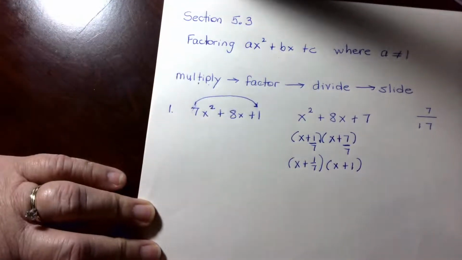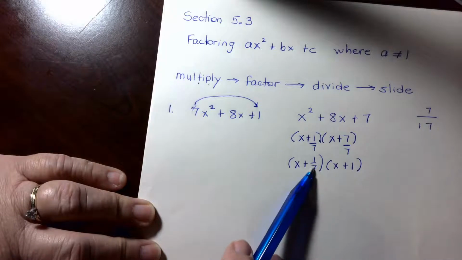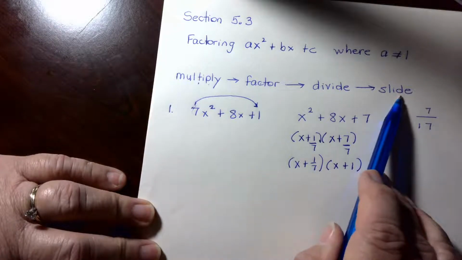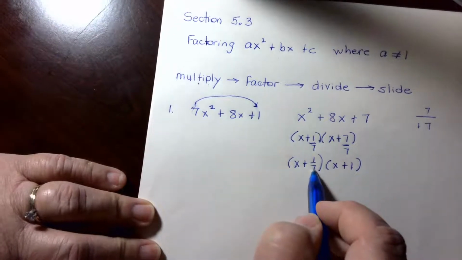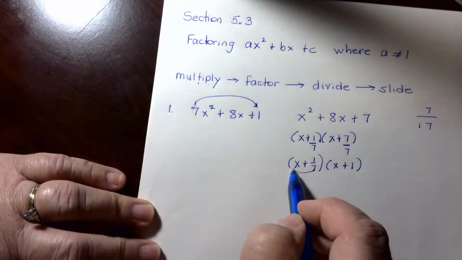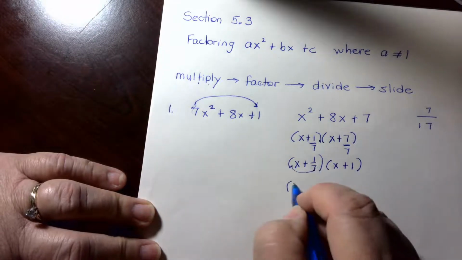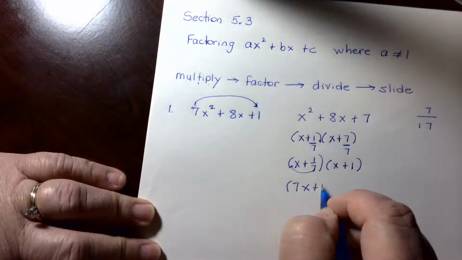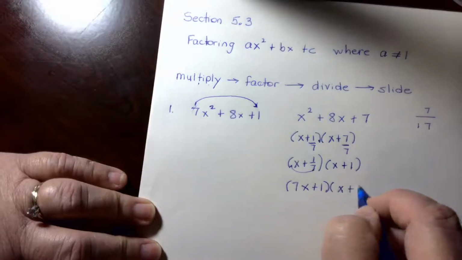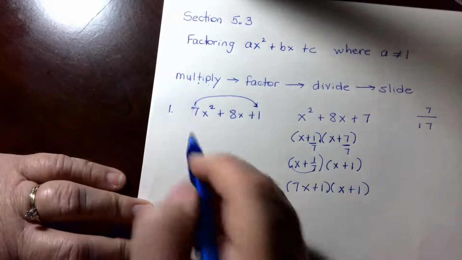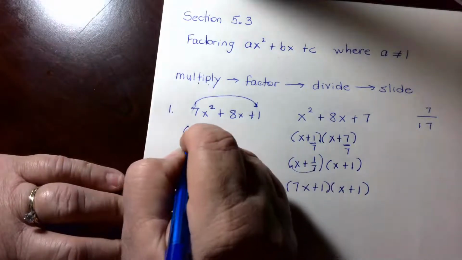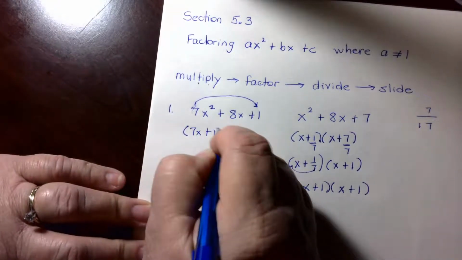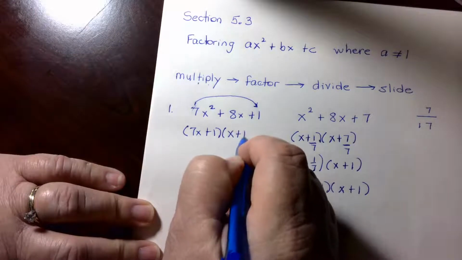If it doesn't, if you still have a fraction, this is where the slide part comes in. You're going to take this 7 and slide it up here to make this factor be 7x plus 1 times x plus 1. So the factorization of this is 7x plus 1 times x plus 1.